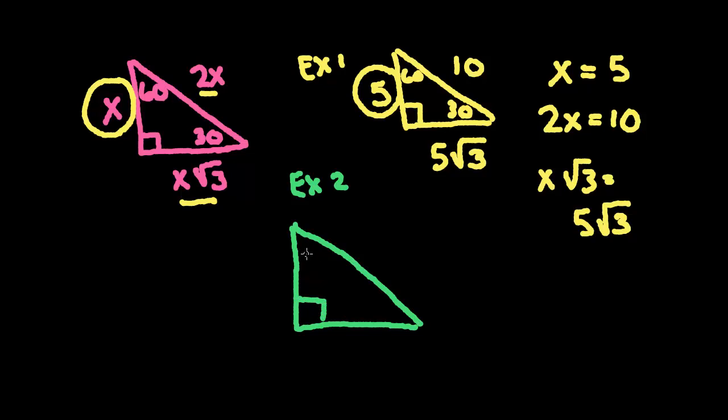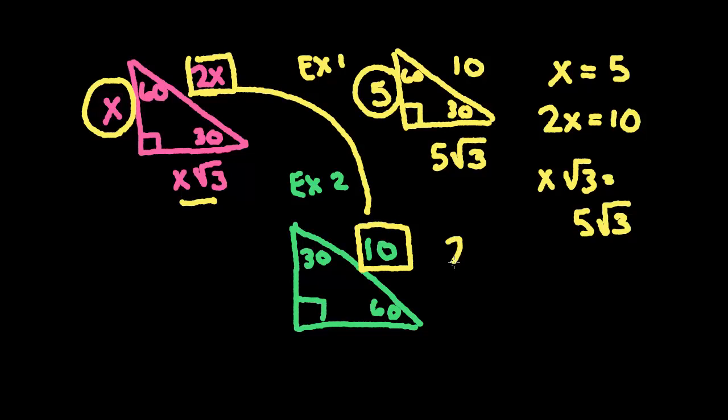All right, this one, I'm going to put the 30 up here just to be different and the 60 down here. And I am going to put a 10 on the hypotenuse. So that means that this time the value that's been given is the 2x. So I'm going to set these two things equal to each other. So 2x is equal to 10, and I'm going to solve for x. So I'm going to divide by 2, and I get x is equal to 5.